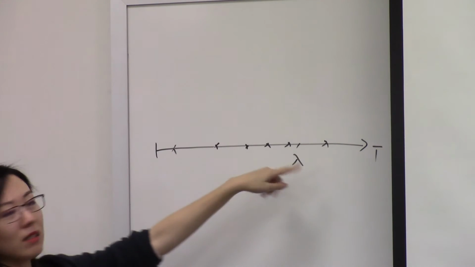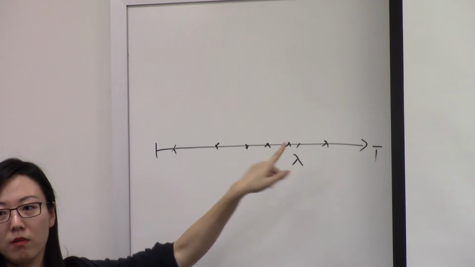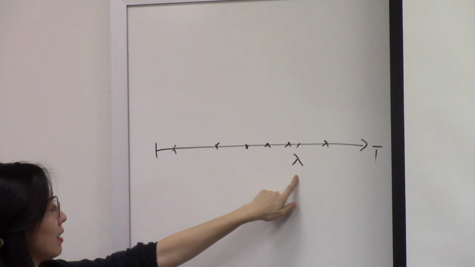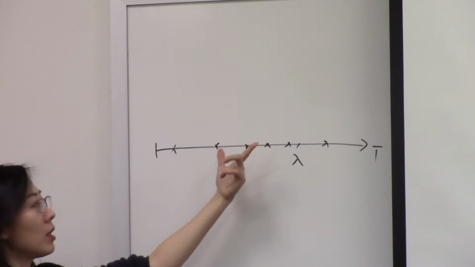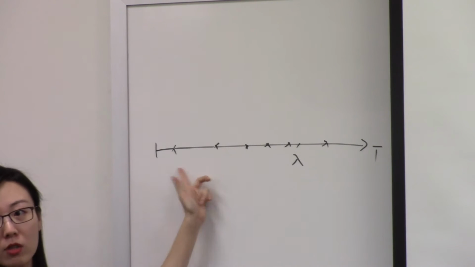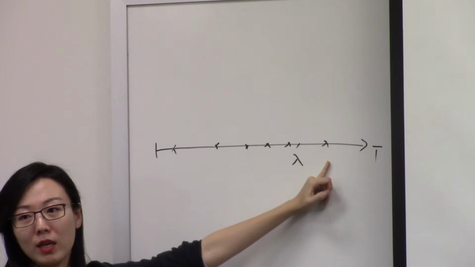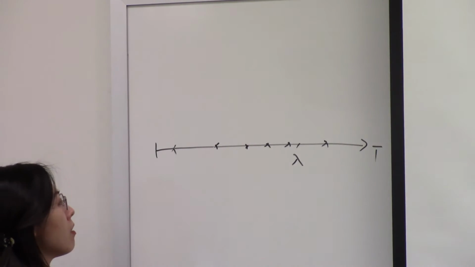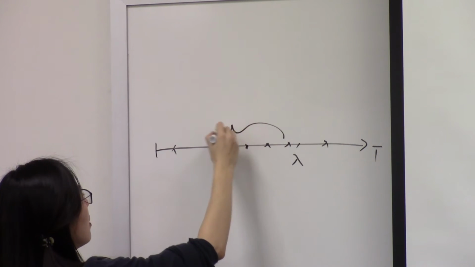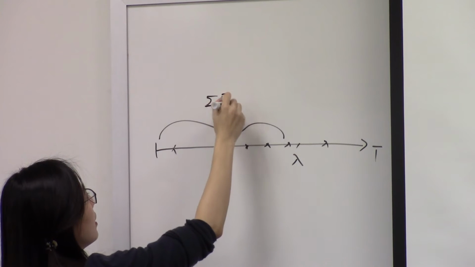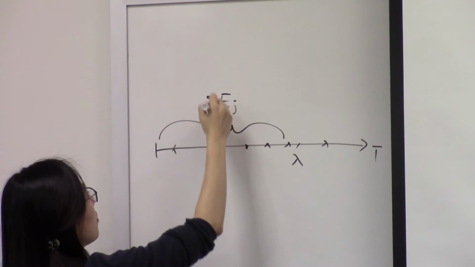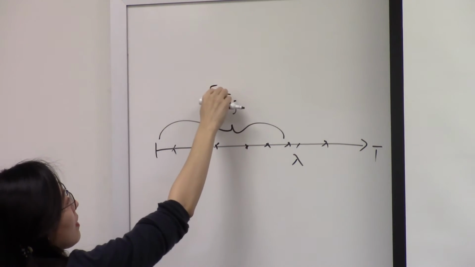Assuming these are the arrival times of individual exponentials, and that's lambda, this Poisson took a value of 5 because exactly 5 of the individual exponentials came before lambda, and the next one came after that. So if I denote these, this is the sum of E_j, j from 1 to 5, with 5 being the x.